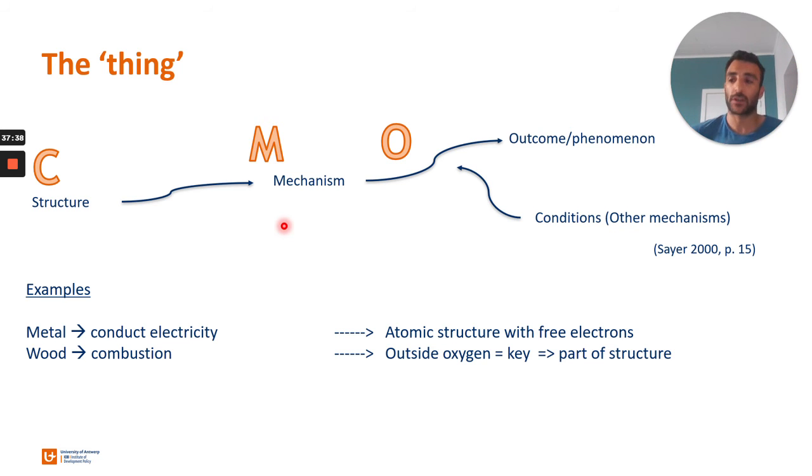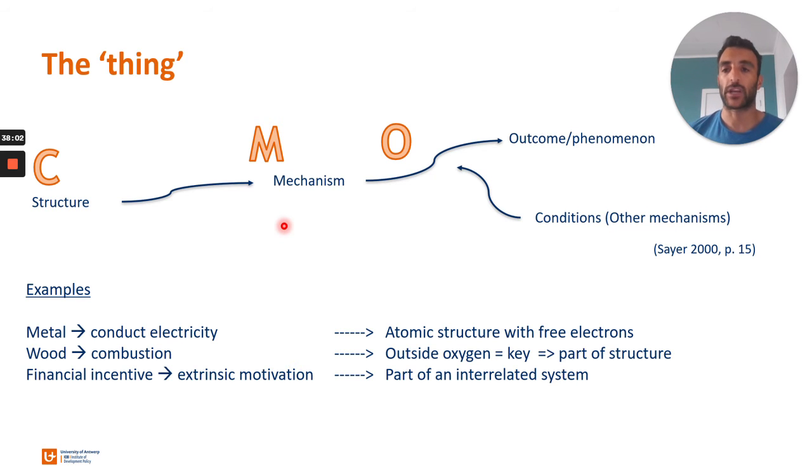With metal, it was clear that it's an actual object. For example, this pen, we can grab it, it's clear, it's delineated, it's an object. However, when we talk about combustion and wood, we include oxygen, which is around. It's part of the causal structure, but it's not necessarily part of the tangible object that we are grabbing.